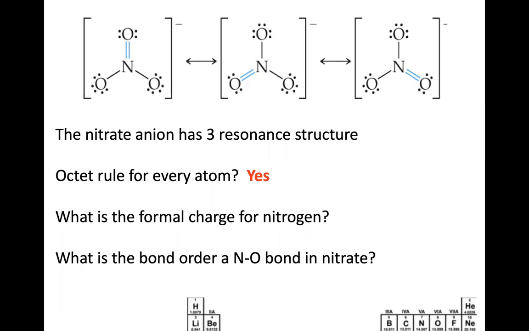Take a second now, see if you can calculate what is the formal charge for nitrogen. Nitrogen has a double bond, a single bond, and a single bond with no lone pairs on it. I'm going to send that to you as a polling question. Take a second, what is the formal charge for nitrogen? See if you can recall how we did that calculation and see if you can calculate that. I'll send you a polling question on that.